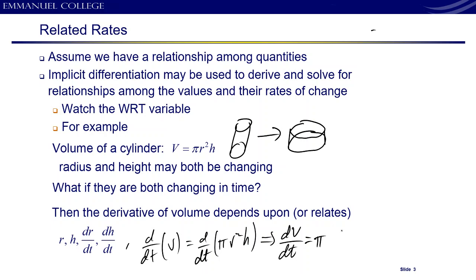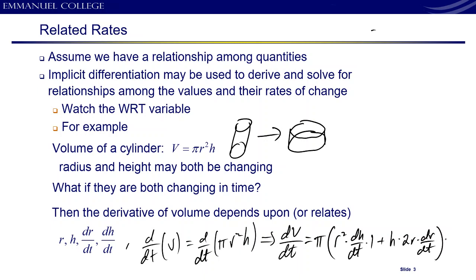You factor pi out, and we get the first, so r squared, times the derivative of the height with respect to time, which is going to be dh dt, and you can say times 1 if you want to, and then plus the height times, now the derivative of r squared is going to be 2r, and then remember the variables don't match up, so it's going to be dr dt.